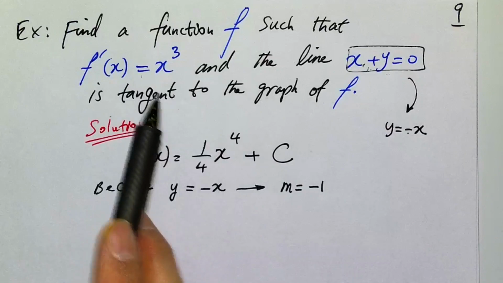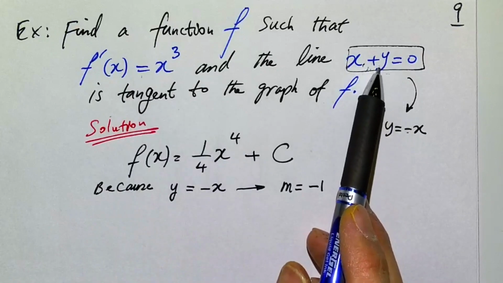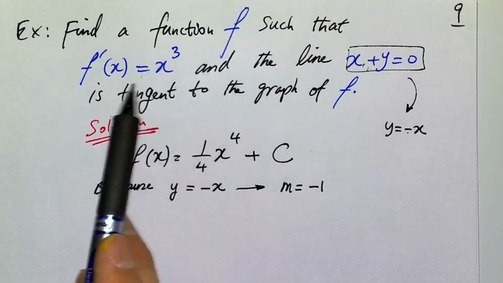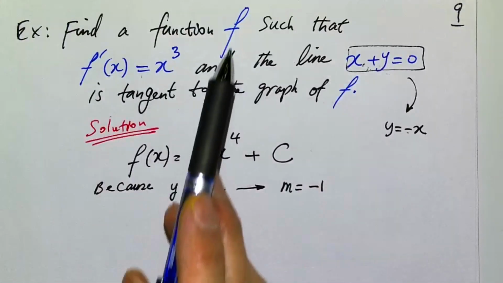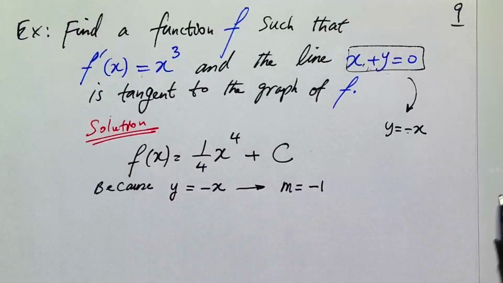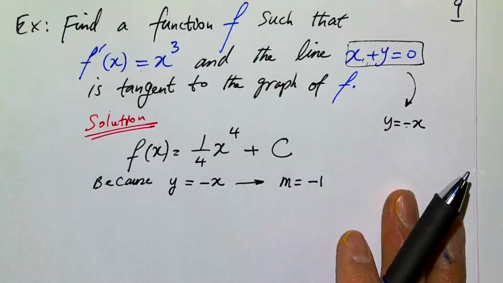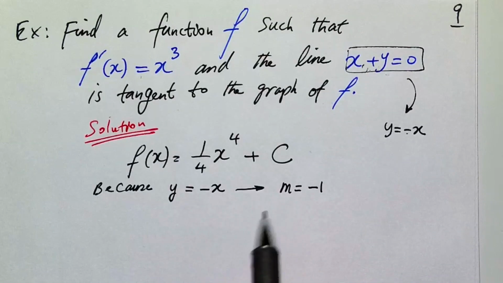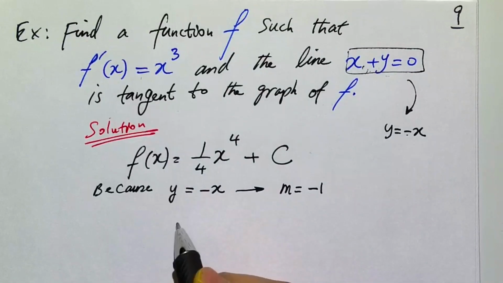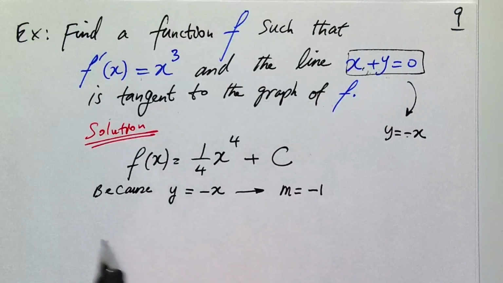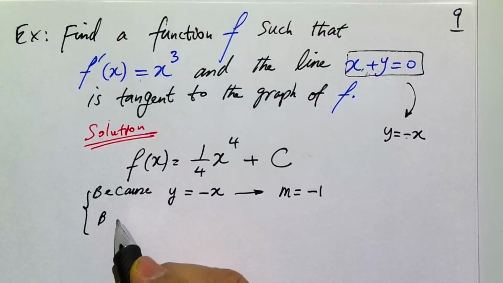So that's the point where this line is also tangent to the curve. Okay, so this is different than that, but at one point on that curve, they have equal value. So we can use that information for us to find the antiderivative.